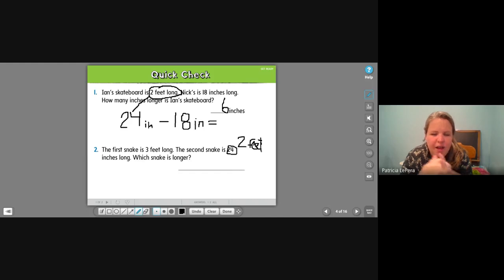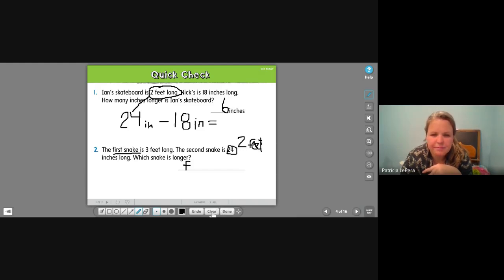All right, so now I'm ready for a subtraction sentence. The first snake is 3 feet long. The second snake is 2 feet long. So which snake is longer? The snake that is longer would be the 3-foot snake or the first snake. Okay, so I'm just going to write F for first, and that would be our sample there.